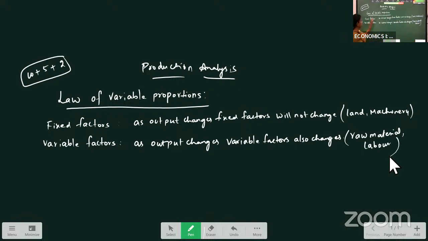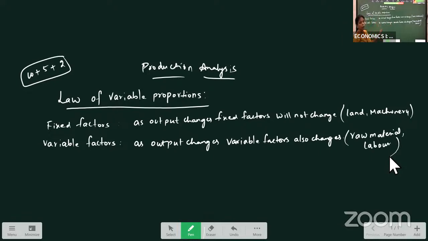Fixed factors are those which do not change. However much output you produce, your land will remain the same. Though you increase your output, your machinery will be the same. Means you won't change them in the short period. As output changes, our variable factors also change.